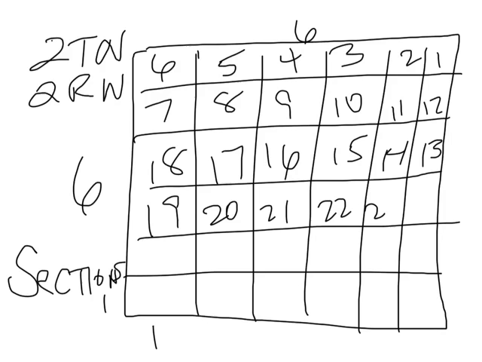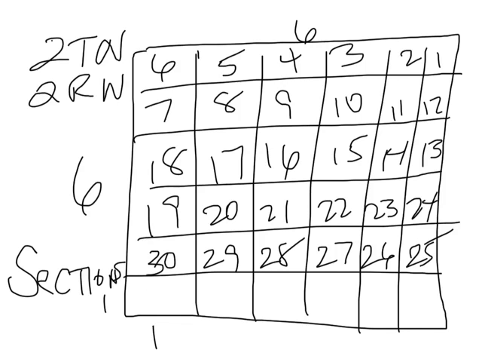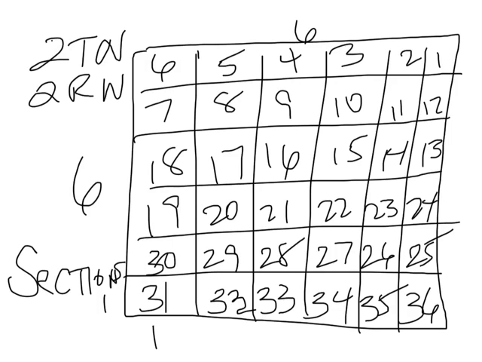Now, hopefully, if I've done this right, what you're going to end up with is 36 sections. Alright? Each one is 1 mile by 1 mile.